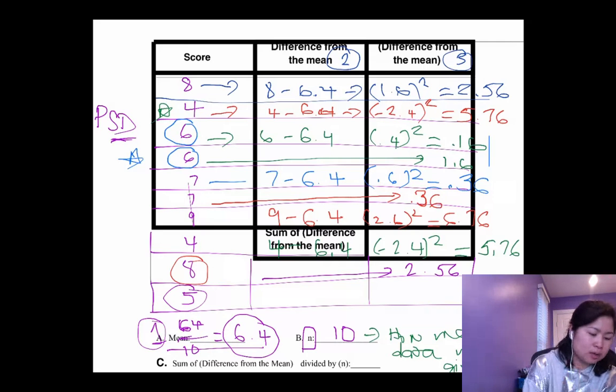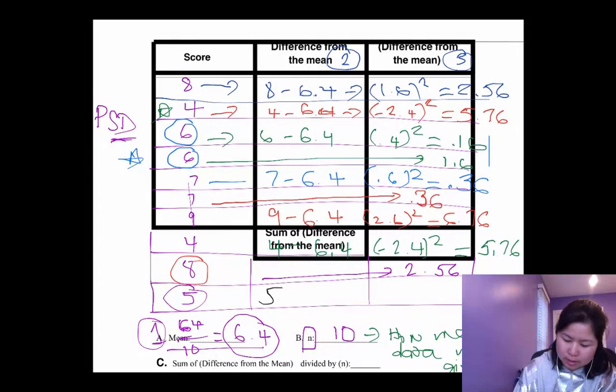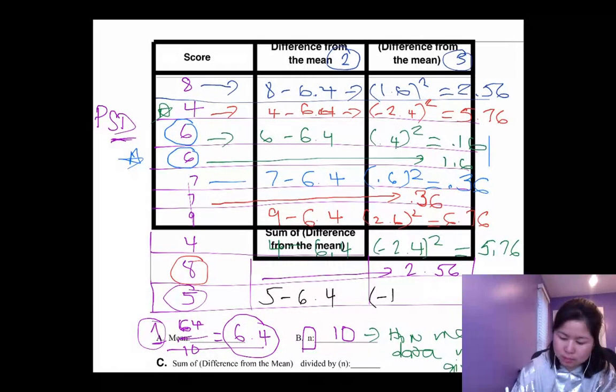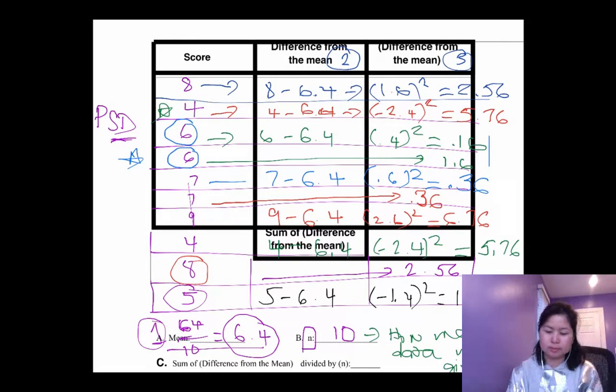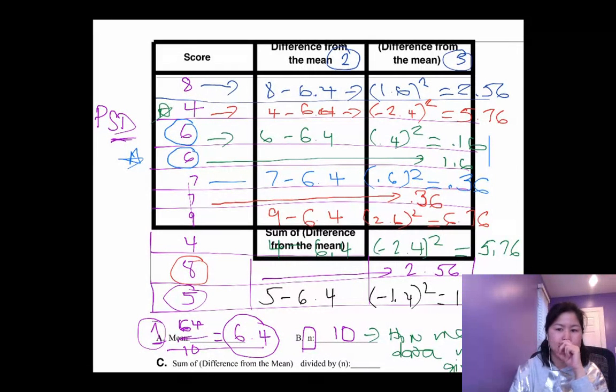So again, if you run into the same number, then go ahead and copy from what you got earlier, okay? 5 minus 6.4 gives me negative 1.4 squared, 1.96. So I have step 1, step 2, and step 3. Questions so far for those 3 steps?